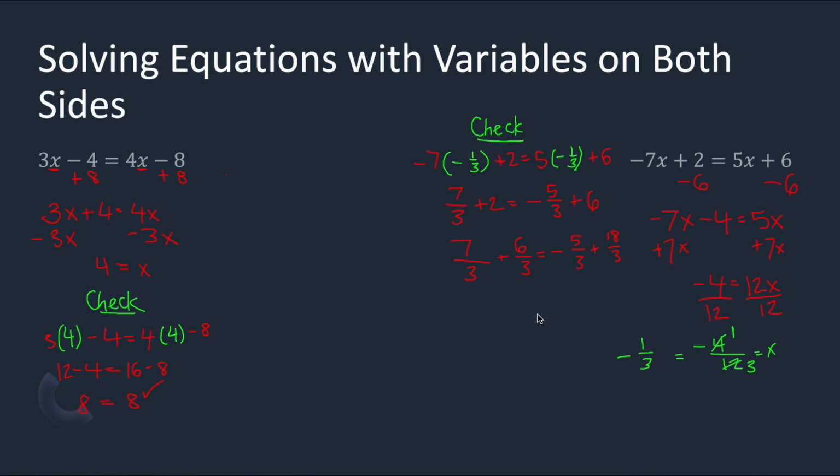Now if we want to evaluate this, 7/3 plus 6/3 is equal to 13/3, and negative 5/3 plus 18/3 is equal to 13/3. So 13/3 is equal to 13/3, and we're done.